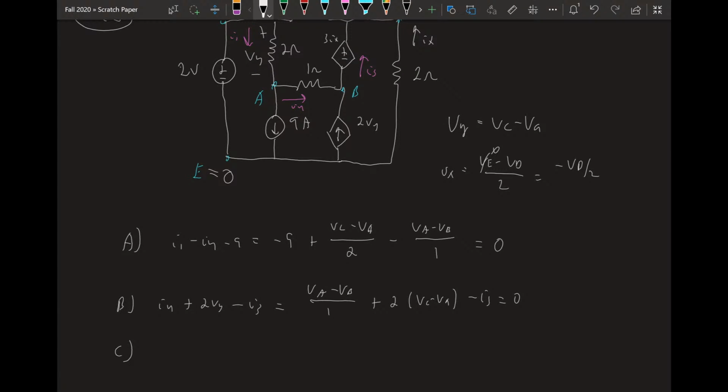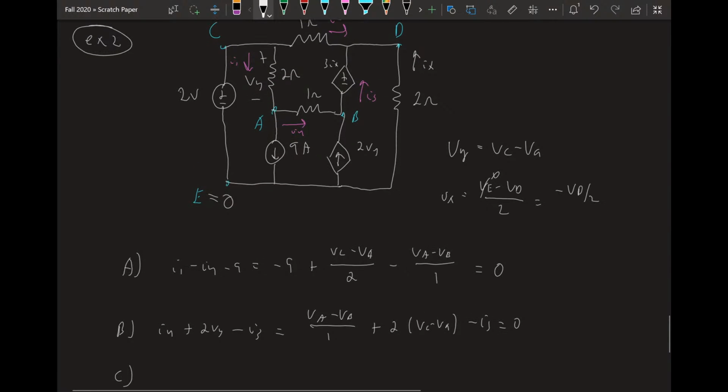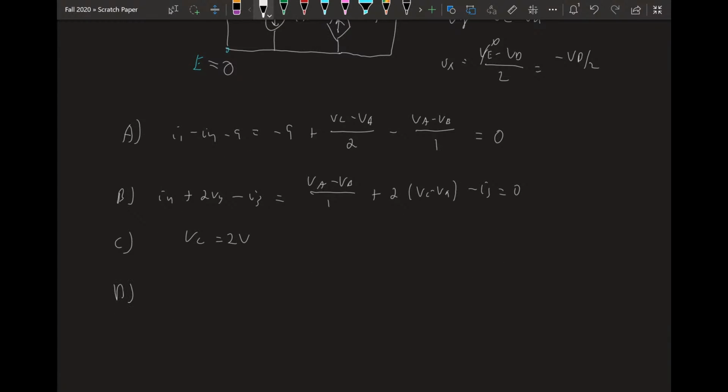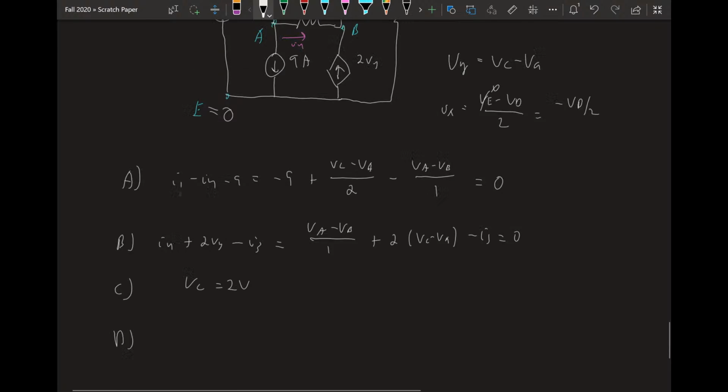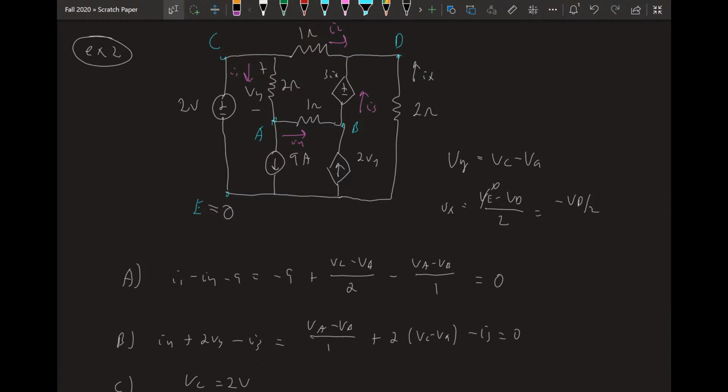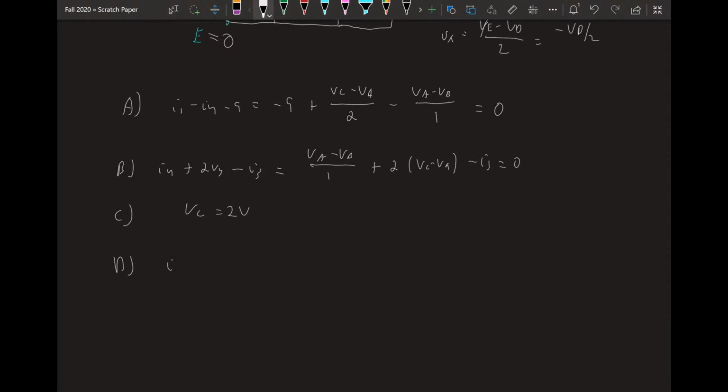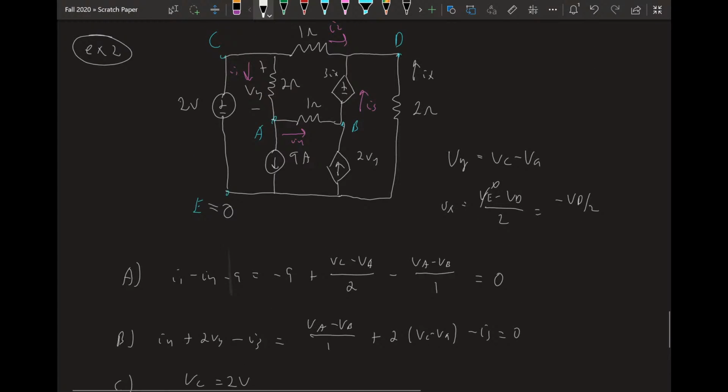Okay, what about node C? Well, node C is in between a voltage source and ground. So VC equals 2 volts just by inspection. That's very nice and convenient. All right, let's look at node D. Node D is I2 plus I3 plus IX equals 0. Let's write them in terms of node voltages.